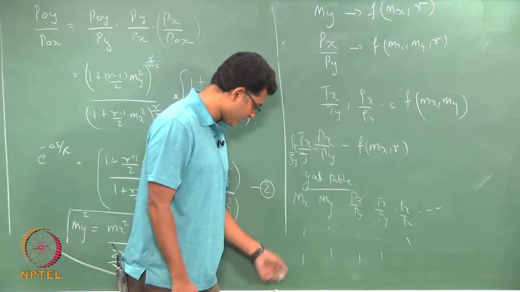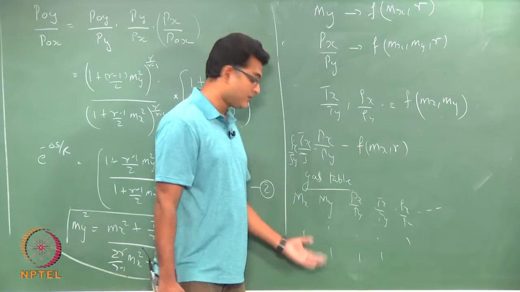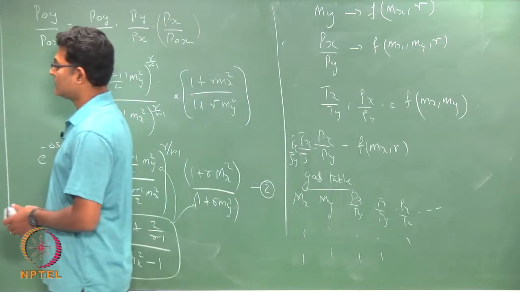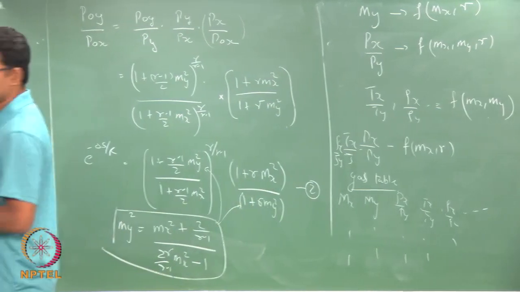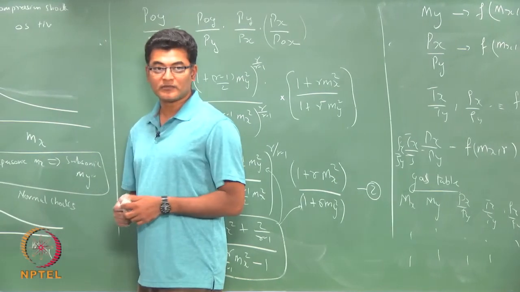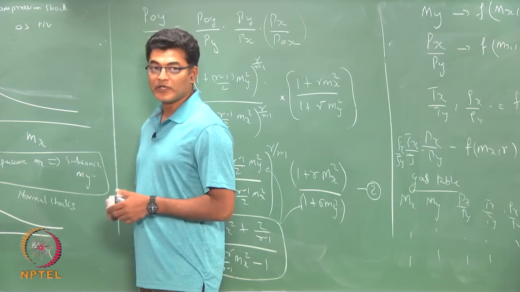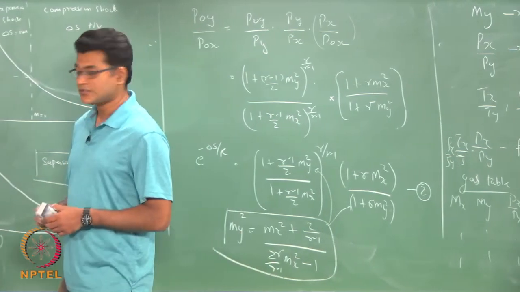So, we can use these tables to do our problems, but before that let us also consider the star Mach number, or the M star values, before and after your shock.